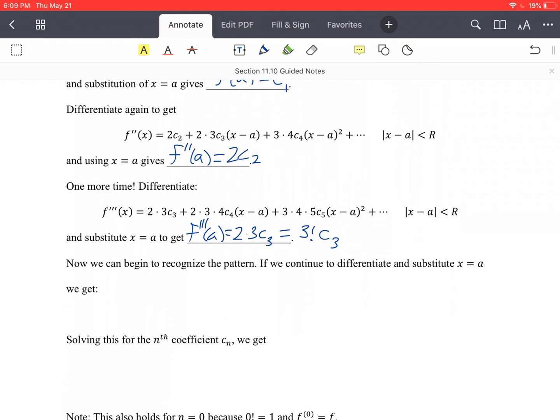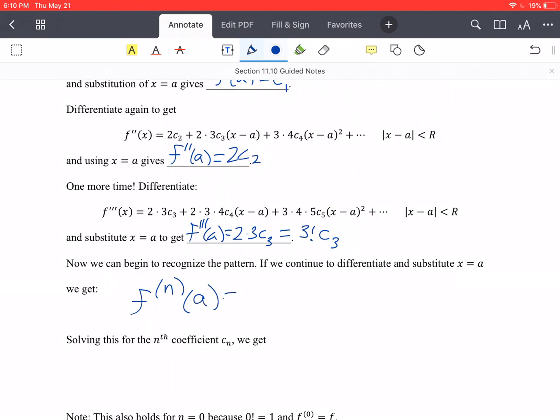Fifth derivative is 5 factorial c5, etc. So the nth derivative at a would give us 2 times 3 times 4 times etc. all the way up to n times c sub n, that nth coefficient. And this is just equal to n factorial times c sub n.